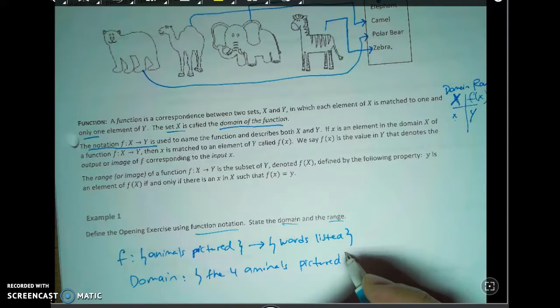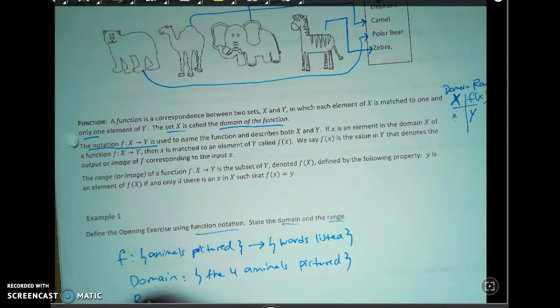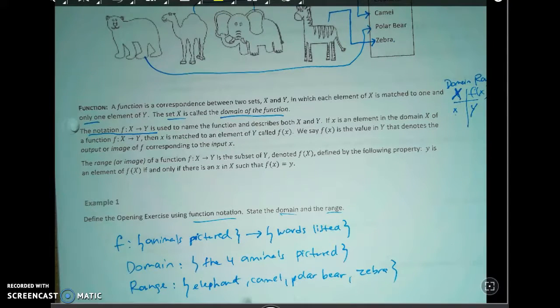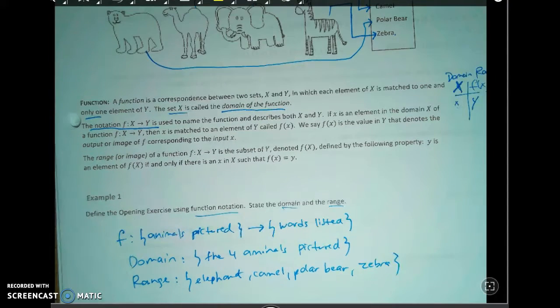And the range is the words elephant, camel, polar bear, and zebra. Okay, so what we just did in example 1 is we used function notation to describe an opening exercise, and we also defined the right domain and the range. So let's go to example 2 now.